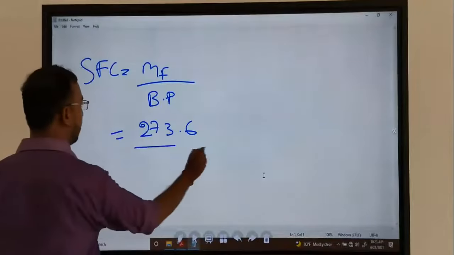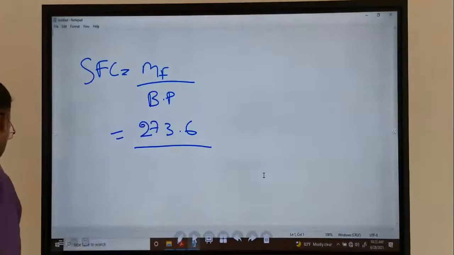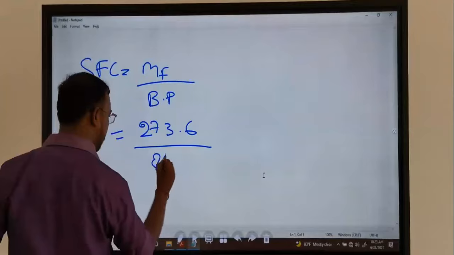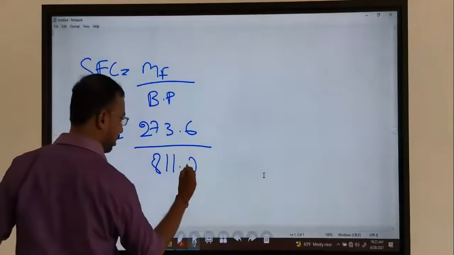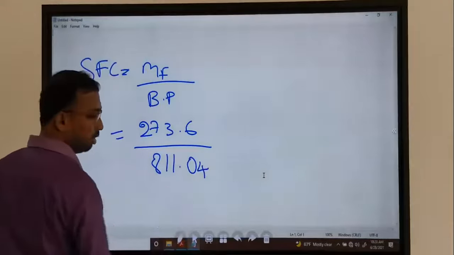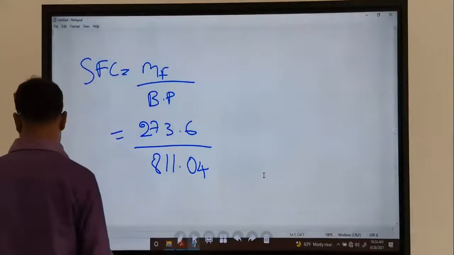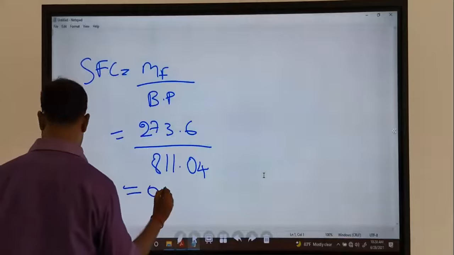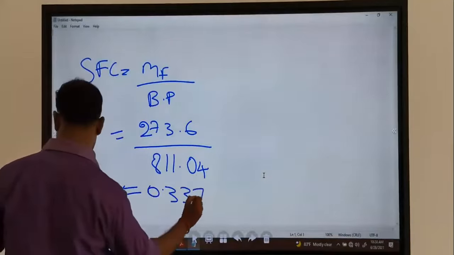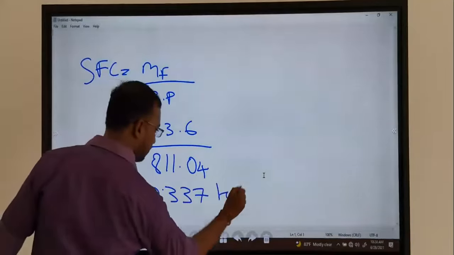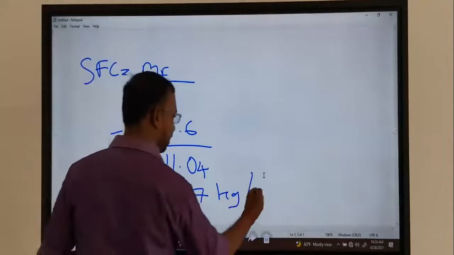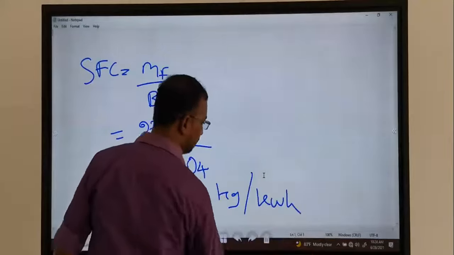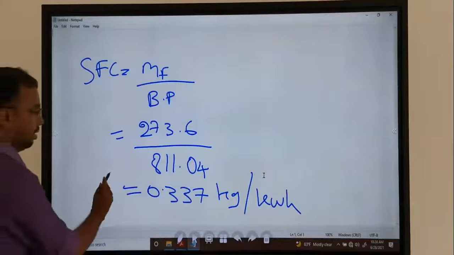And here we can put the kilowatt straightly, 800 into 0.4, no need to multiply by 10 to the power 3. So here we get 0.337 kilogram per kilowatt hour. This is the answer.